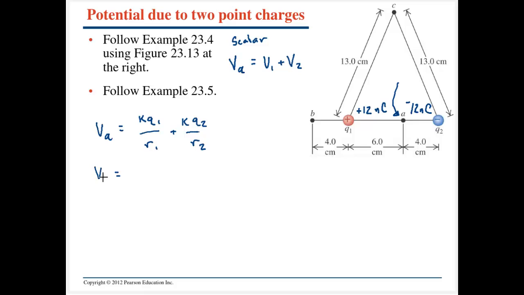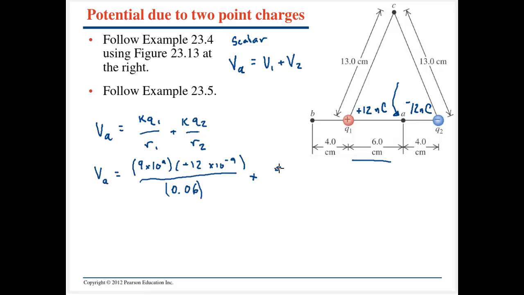So we can write the voltage at A as K, 9 times 10 to the 9th, Q1 is positive 12 times 10 to the negative 9th coulombs. The radius 1, that's this guy right here, 0.06 meters. Voltage, we don't square that.